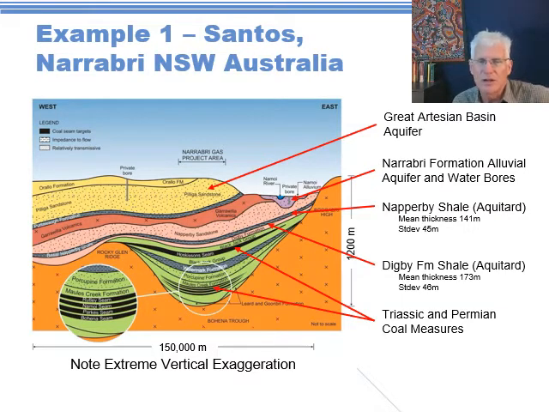The Napperby Shale has a mean thickness of about 140 some meters with a standard deviation of say 45 meters, and also the Digby Formation Shale, which has a mean thickness somewhat greater, again with a standard deviation of 46 meters. So two fairly substantial aquitards isolating the aquifers, or the surface assets, from the coal.